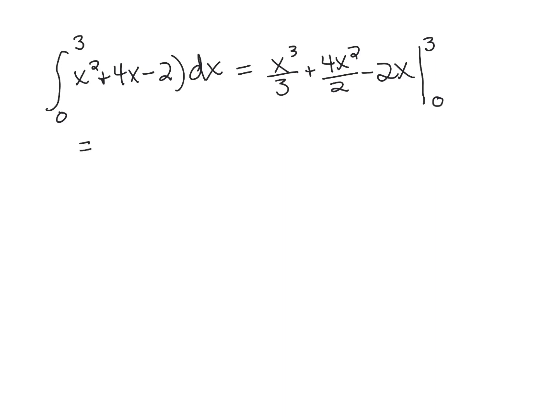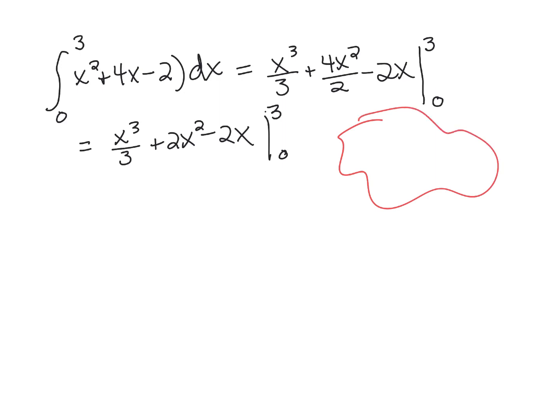So, always and forever, simplify before you start plugging in values. And always and forever, from this point on, everything is always going to be top minus bottom. If you remember that, no matter what you're doing, you'll always do the right thing, top minus the bottom.